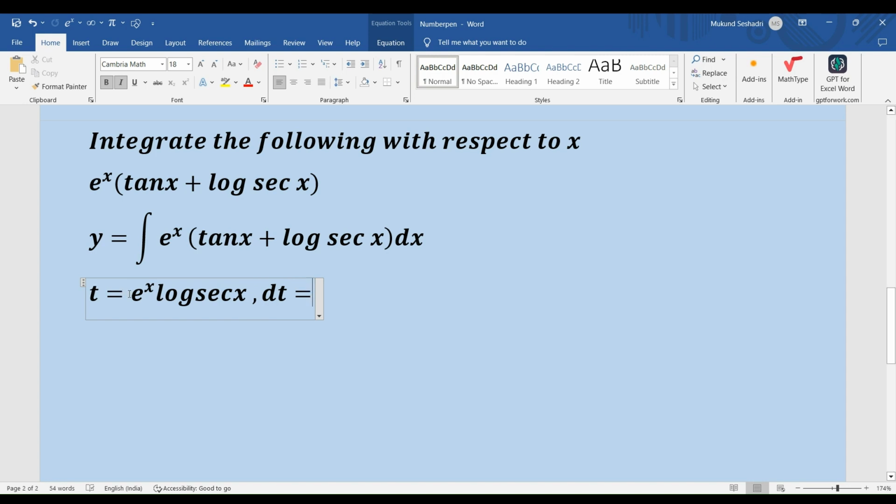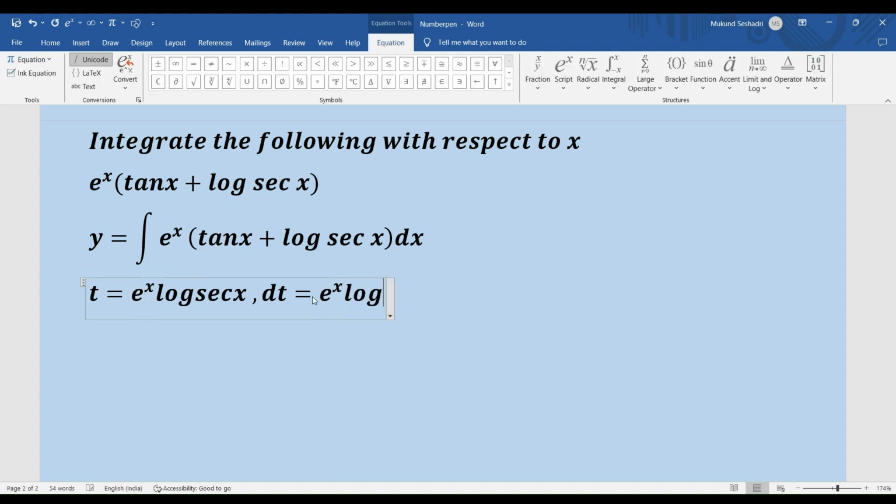My d by dx of e to the power x is e to the power x, then I have a log of secant x, I'll have my dx here. And then I come to the v part, my d by dx of log of secant x is nothing but 1 by secant x into secant x tan x, right? So I will end up with e to the power x times tan x dx, right?